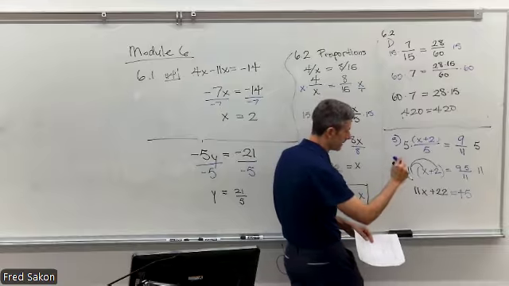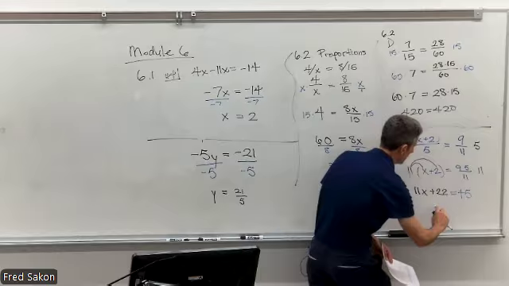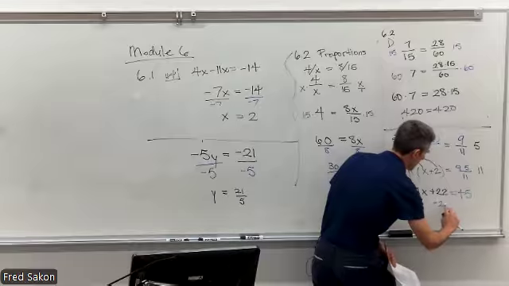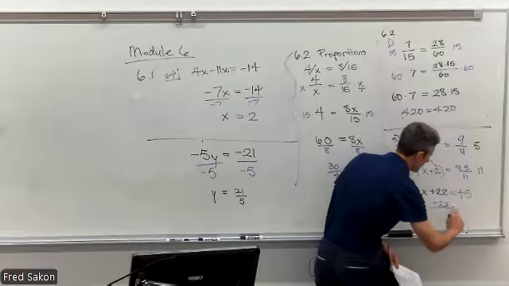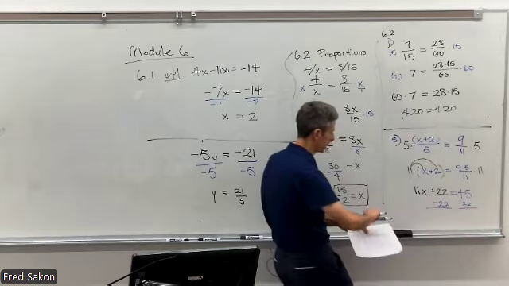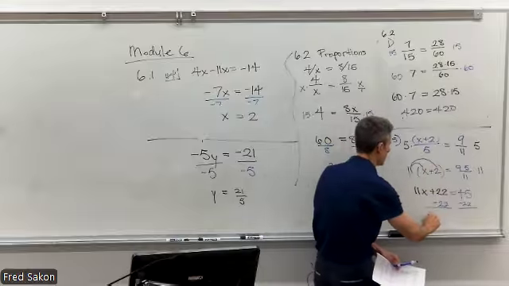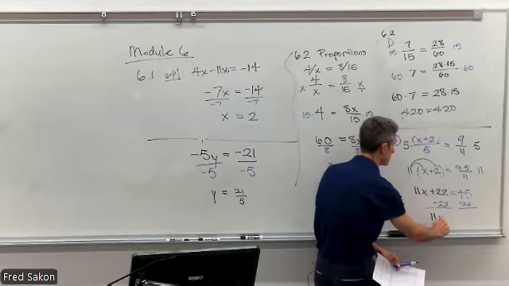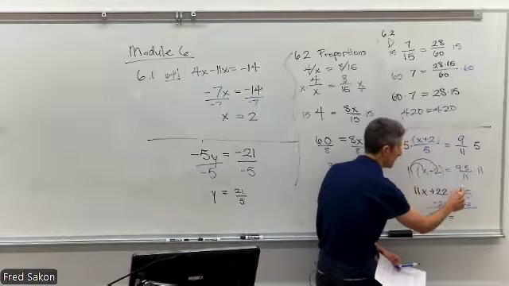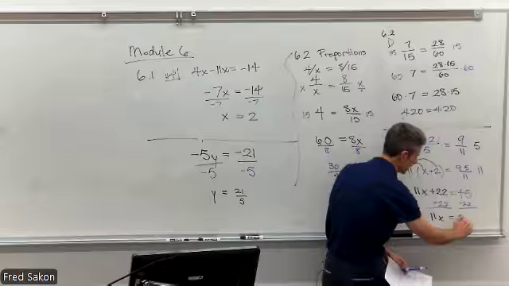Now we're to that number added or subtracted kind of step, where we would take the opposite of either addition or subtraction here. Subtract 22. Get rid of that 22 on the left, leaving us with 11x equals 45 minus 22 is 23.